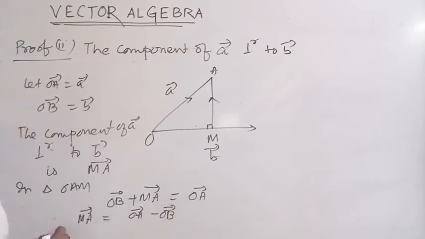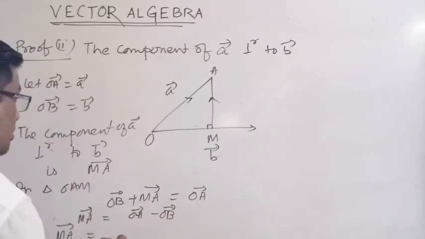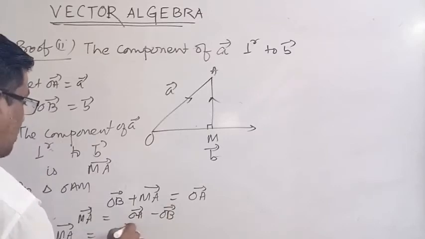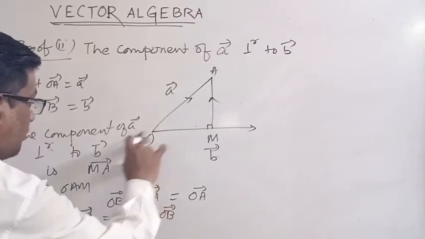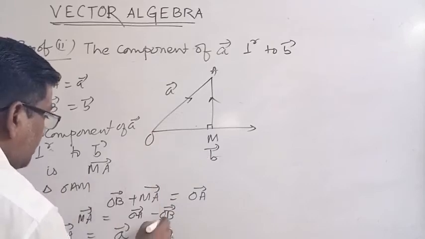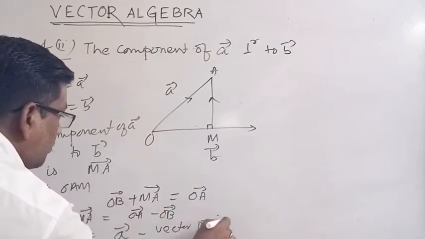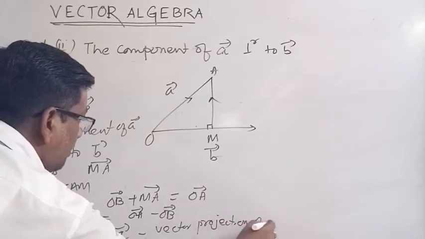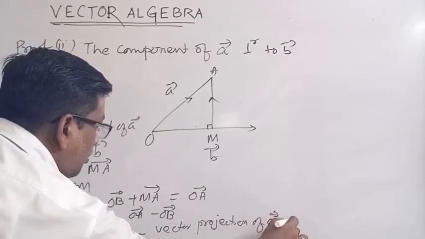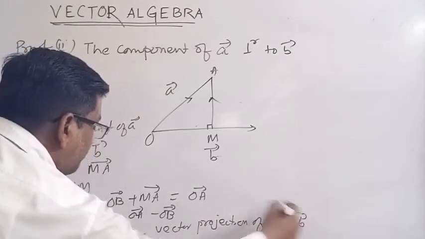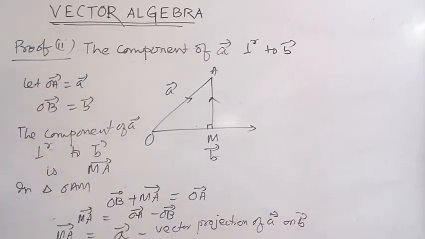So MA vector equals OA minus OB. OA vector means A vector. OB vector means the vector projection of A on B. So this is equal to A vector minus the vector projection of A on B. Clear?